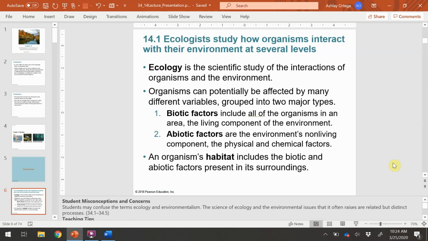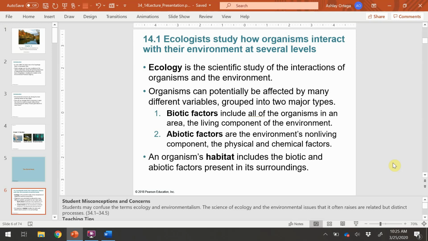And so there are different types of factors that are involved. These factors are either living, which is biotic, or not living, which is abiotic. So remember, A means without, so without biotic meaning life here. Abiotic factors are going to be anything that's not living.